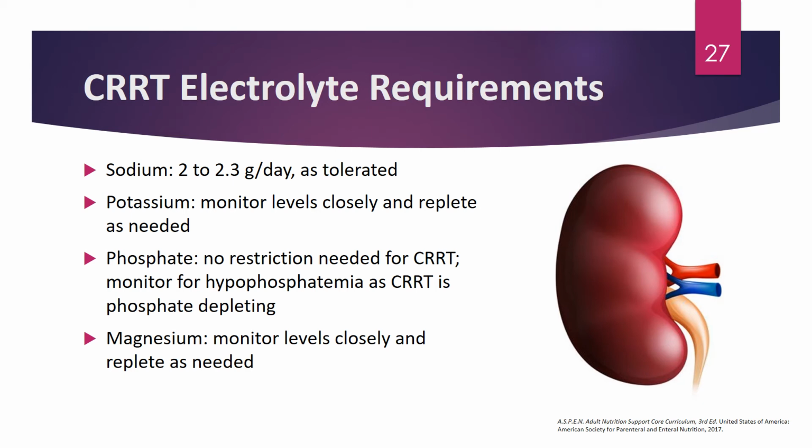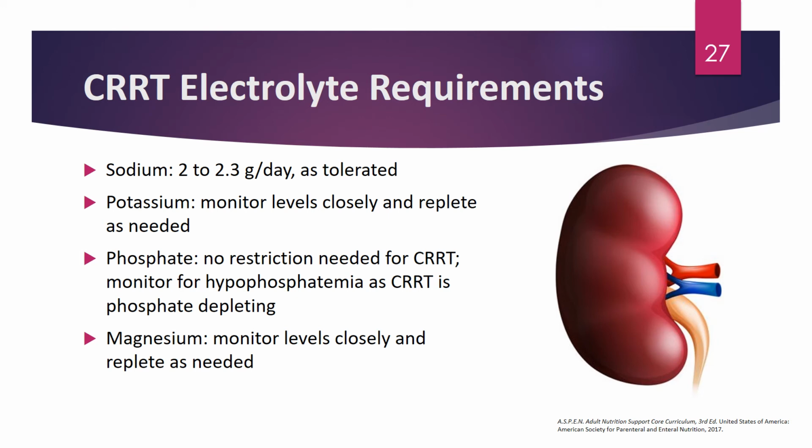Typically for CRRT, we check serum levels of electrolytes around every 4 to 6 hours. So basically, you should be monitoring potassium and phos very, very closely. CRRT is just going to take off a lot of this stuff, and you may actually need to supplement more.